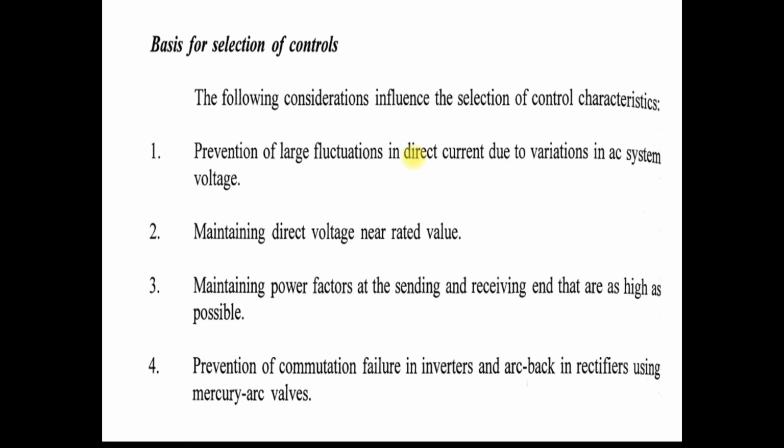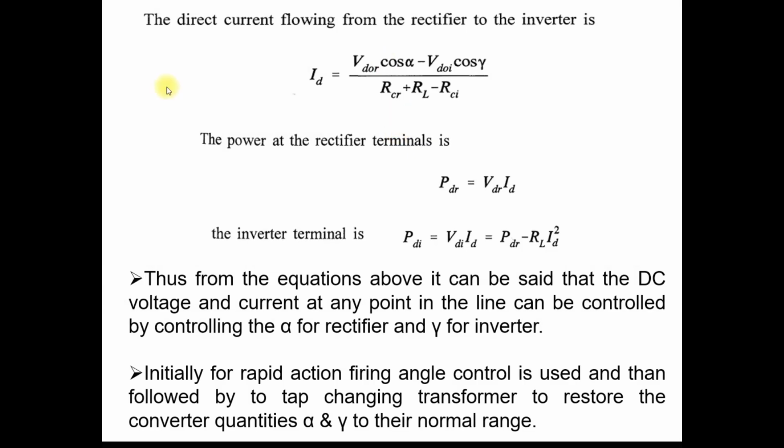As we know, in the equation of ID, the value of the resistance is very small. So if we change the very small value of VD0R and VD0I by keeping alpha and gamma constant, that makes the ID very fluctuating in nature.